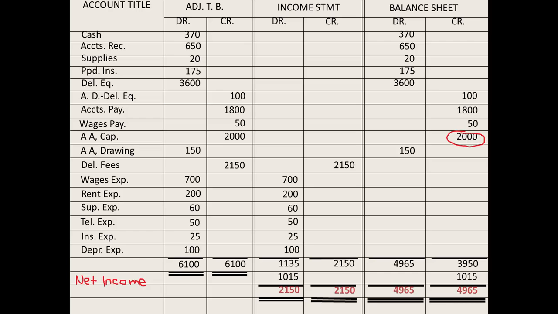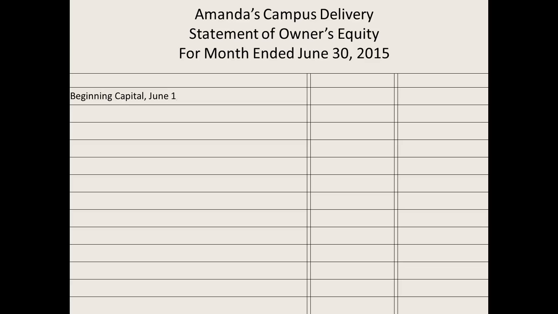So here on the Canvas delivery, on the balance sheet columns of the worksheet, we have Amanda's capital account, which is $2,000. Some of that was there to begin with, and some of it was put in during the period. So we're going to pretend that Amanda invested $100.